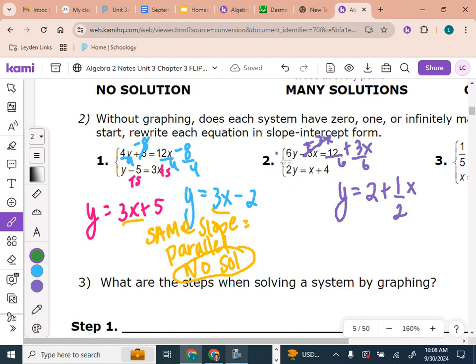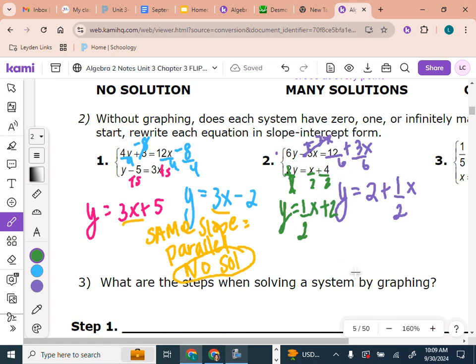How do I get rid of the 2 next to y? Huh? Divide, yes. Okay, so we have y equals x over 2, that's 1/2 x, plus 4 divided by 2 is 2.